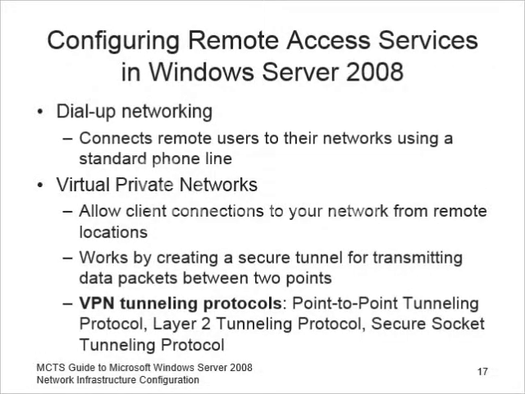A Windows Server 2008 computer that runs the Routing and Remote Access Server role can provide a number of different types of remote access connectivity for your network clients. These include remote access for clients, either using dial-up or VPN access. The RAS service also allows you to configure a Windows Server 2008 computer to act as a network address translation device, which allows internal network clients to connect to the Internet using a single shared IP address.